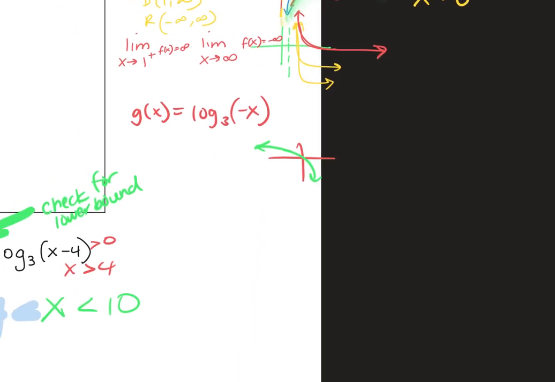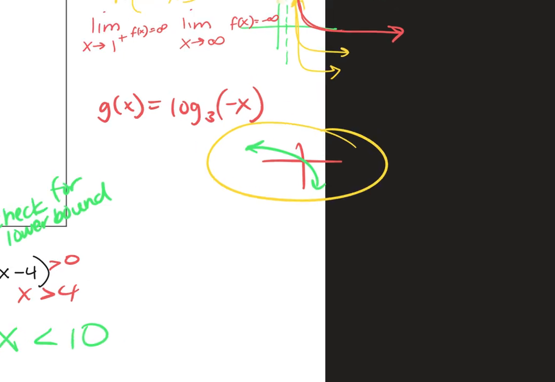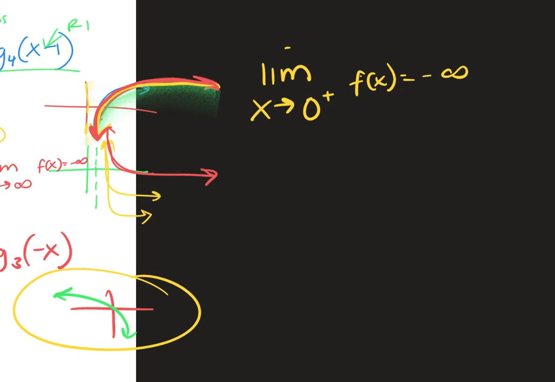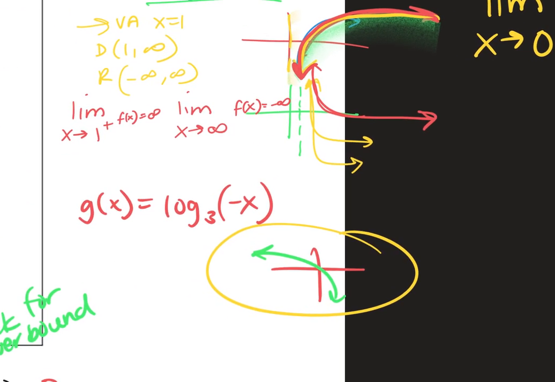About this one, on the one on top? The limit as x is approaching 0 from positive infinity. Is this what you mean? The one that we just did with the reflection over the x-axis, the middle one. Yeah, this one.